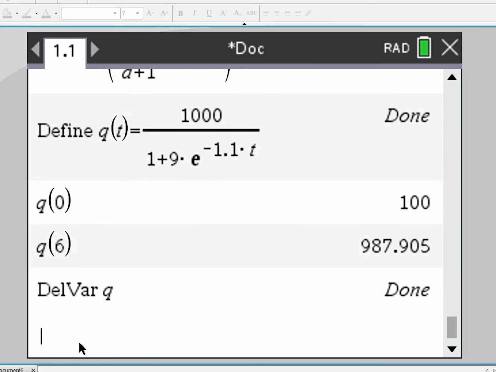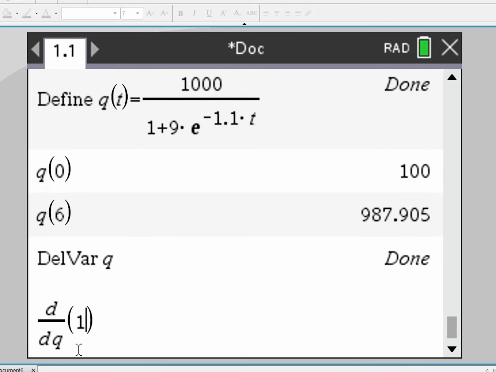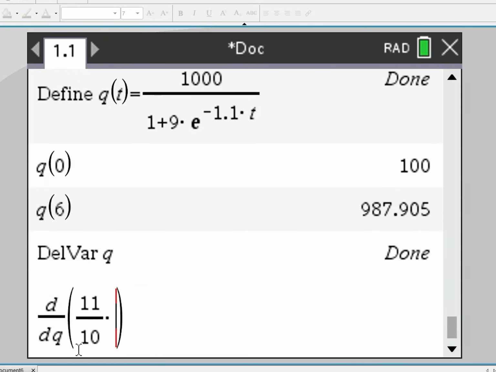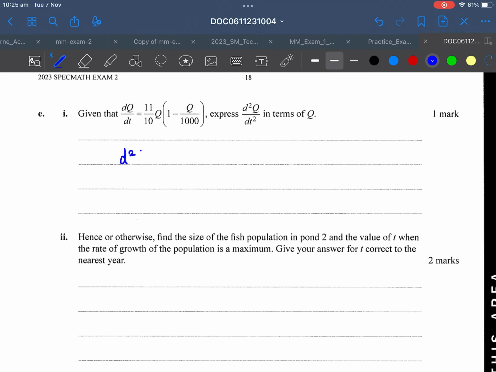Well, I shouldn't have done that, but it's okay. You can just define it again if I do need that function. So 1 minus Q over 1000. Have I defined it correctly? Yep, I have. So d²Q on dt² equals 11 on 10 minus 11 Q on 5000, with big Q, not small q.